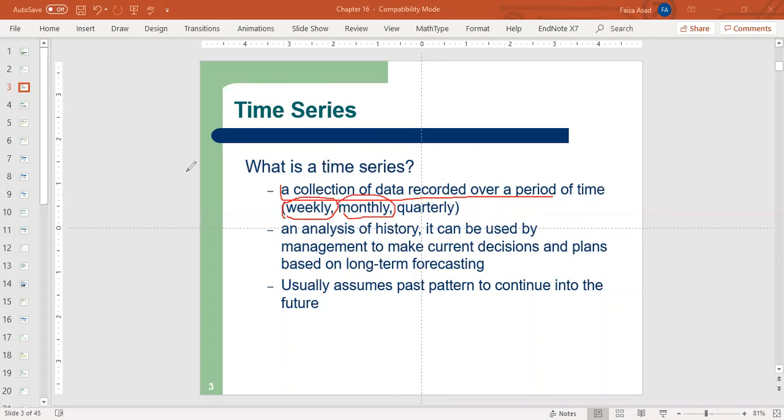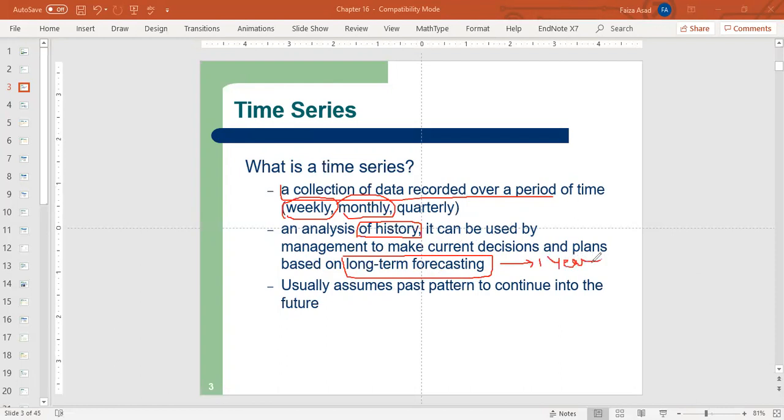So it's an analysis of history. It can be used by management to make current plans based on long-term forecasting. So they can project or forecast the future on the basis of the time series data. And these long-term projections are more than 1 year.